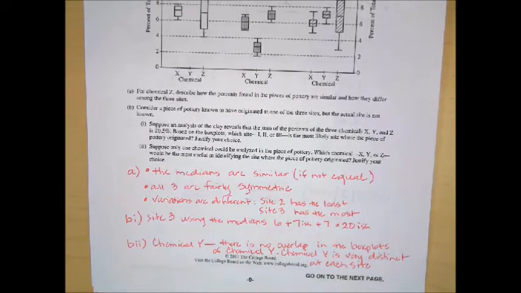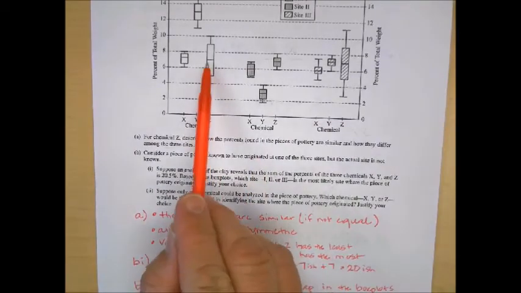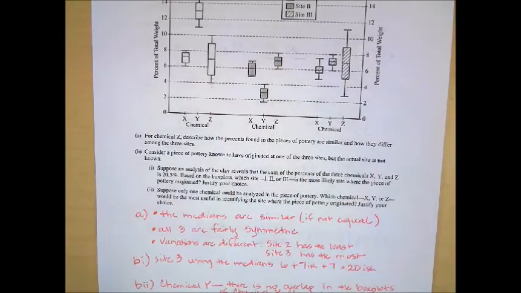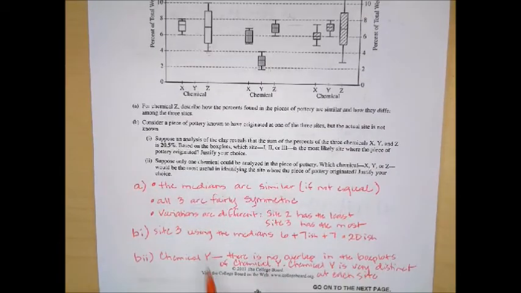Now, what are the differences? Well, again, 1, 2, and 3. The biggest difference I see is in how spread out they are. And in a box and whisker, the size of the spread is an indication of variation. So the variations are different.